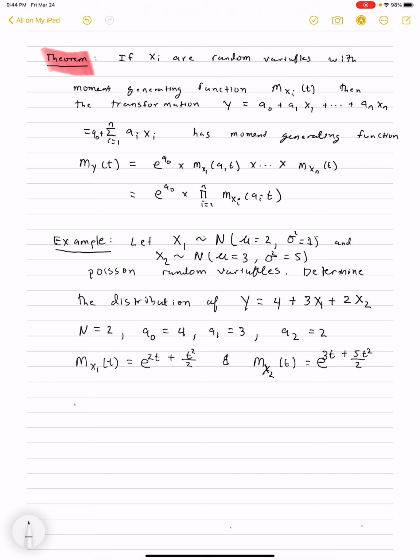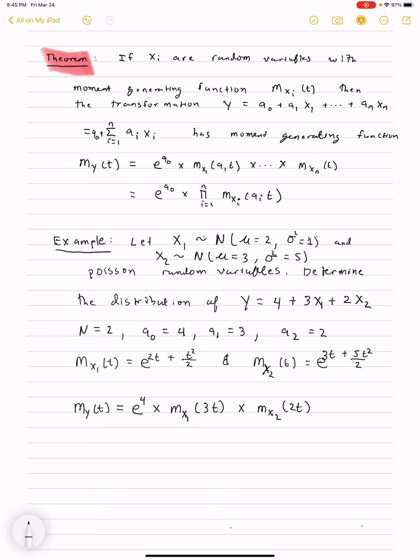Now, according to this theorem, the moment generating function of y is going to be e to the a0, that's 4, times M_X1 of 3t times M_X2 of 2t.